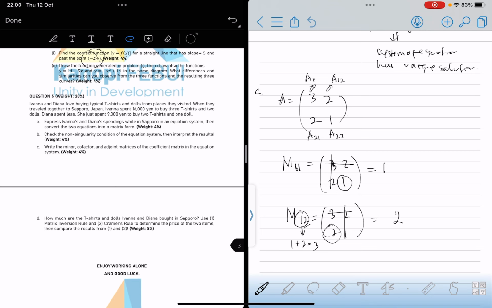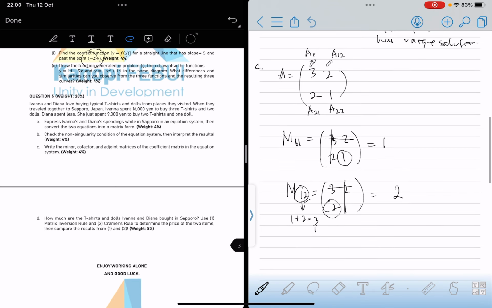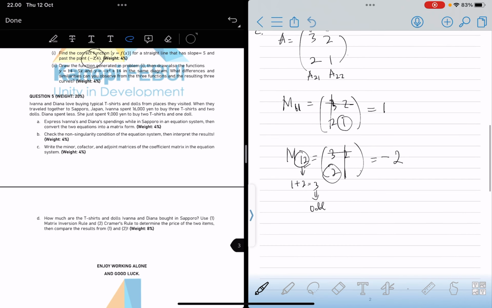The odd number, yeah, this one is odd number. So if row plus column is odd number, yeah, we have to put minus before the minor. How about M21?